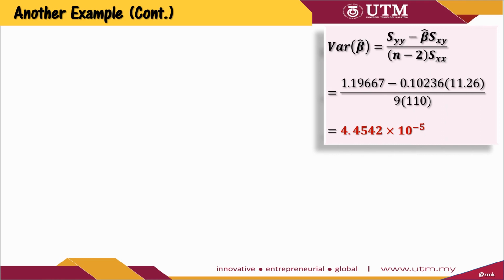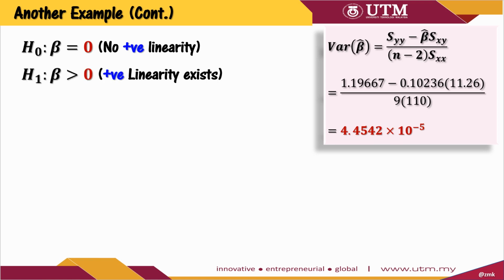Since the question asks if a positive relationship exists between the average daily temperature X and the electrical consumption Y, then under H0, beta is at most 0 or just equal to 0, which indicates there is no positive relationship between X and Y, whereas under H1, beta is greater than 0, indicating that there is a positive relationship between X and Y. You need to run this test at 0.05 level of significance.